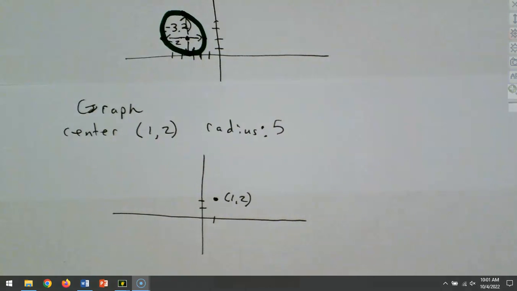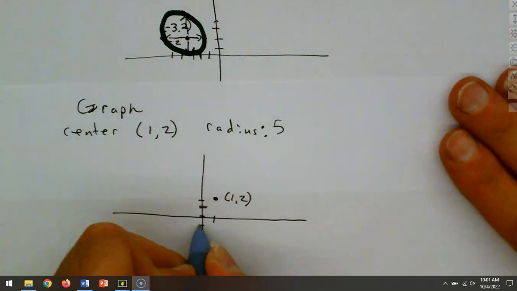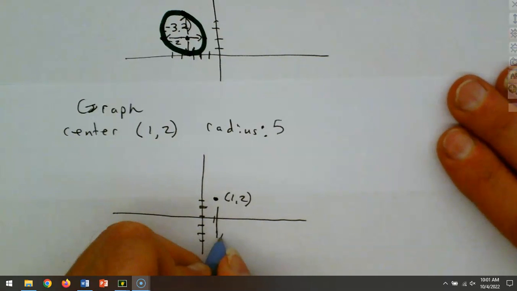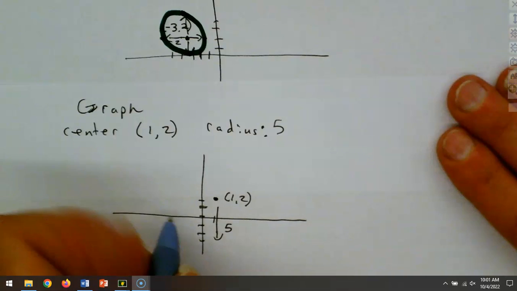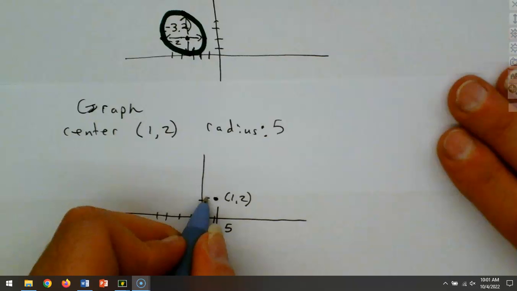Now, how does the radius work? The radius is 5. So that means we go 5 units in each direction from the center. So we're going to go down 1, 2, 3, 4, 5 units down. We're going to go back 5 units, so 1, 2, 3, 4, 5.